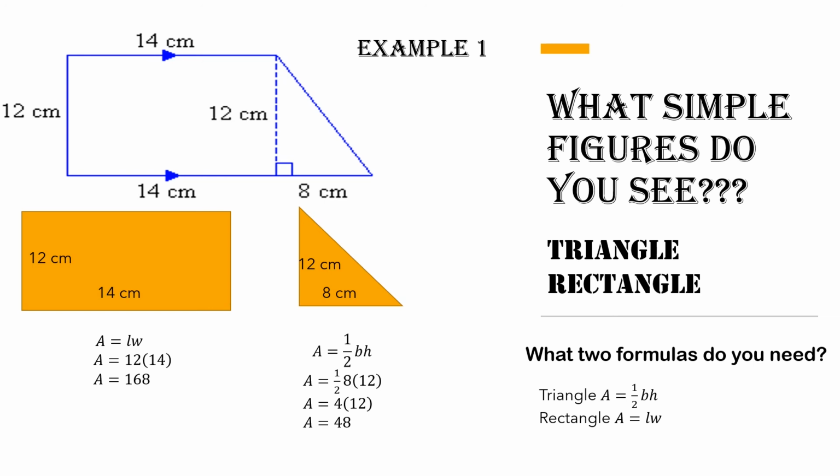So therefore, the entire composite figure, if I add those two totals, has an area of 216 centimeters squared. What's interesting about this composite figure, we broke it down as a rectangle and a triangle. It in itself is actually also a trapezoid. So we could have used our trapezoid formula as well.